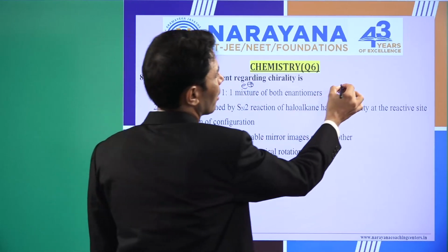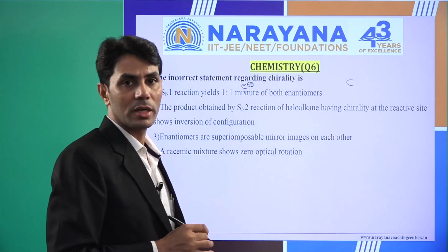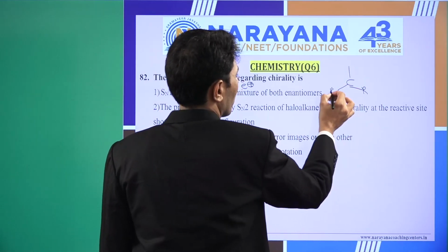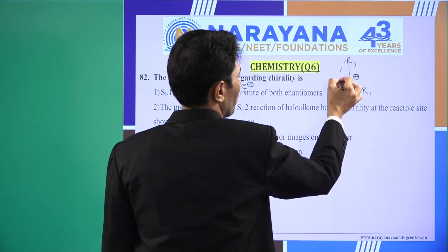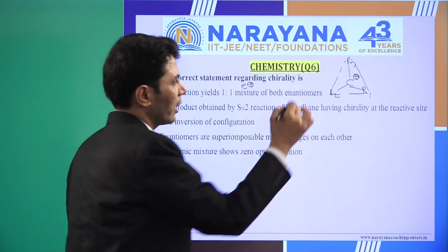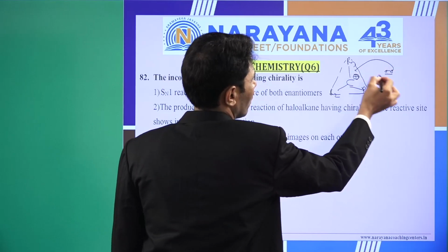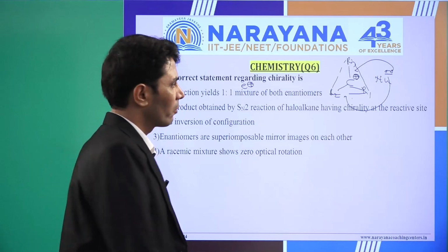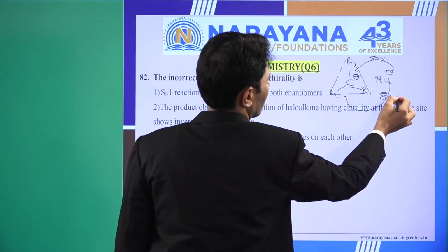In carbocation, carbon is sp2 hybridized, so it forms R1, R2, R3 and positive charge, a triangular planar structure, and the attacking nucleophile can attack from either side of this plane with equal probability, 50% and 50%.